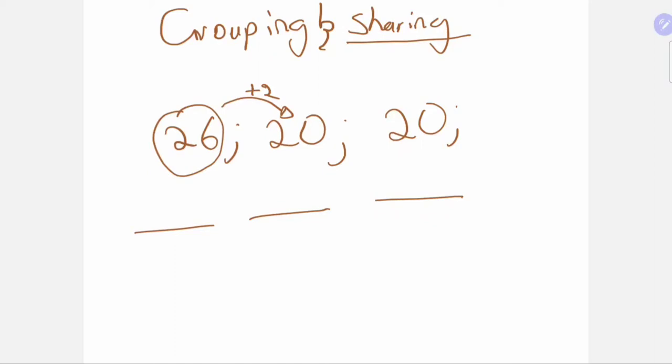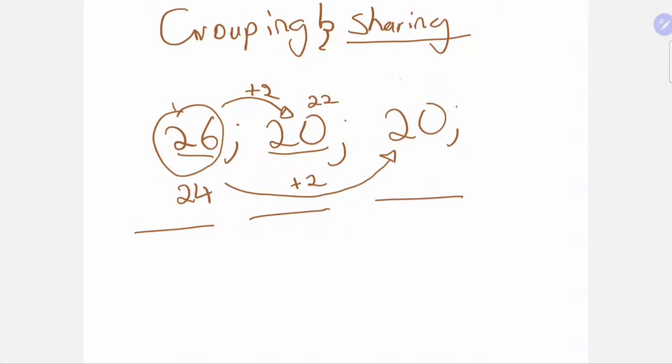and then take away another 2. Since we've taken away 2 from 26, we are now left with 24, obviously. And then take away another 2 from 24 and add it onto 20. Now this 20 becomes 22.